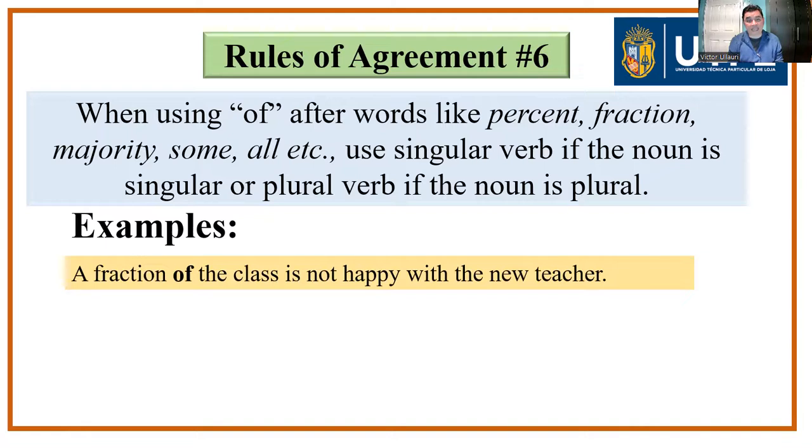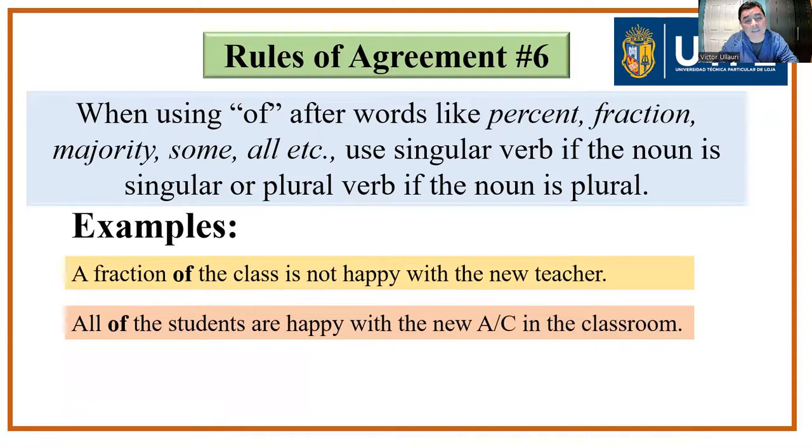A fraction of the class is not happy with the new teacher. So we're using a fraction, just like the rule of agreement says. Now, the subject is the class, singular. So therefore, we're going to use the verb in its singular form. A fraction of the class is not happy with the new teacher. We're using the singular form because after "of," we have the class, singular. Next example.